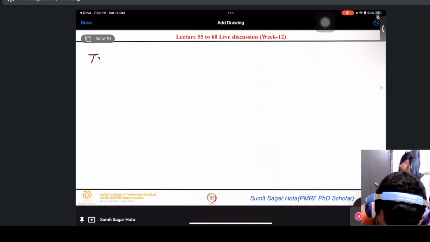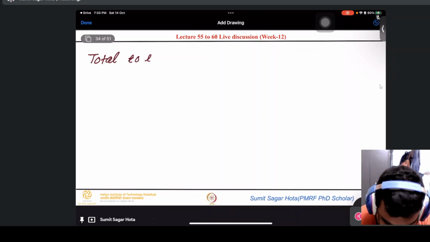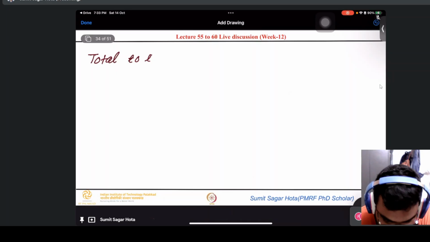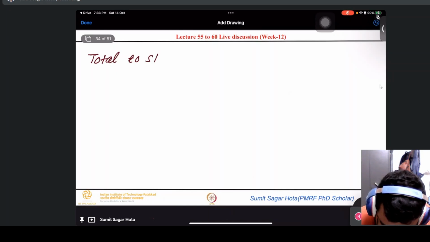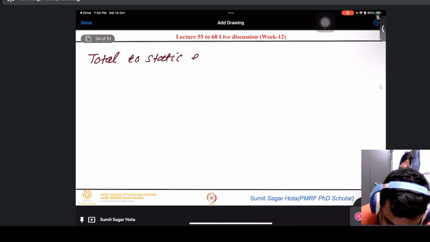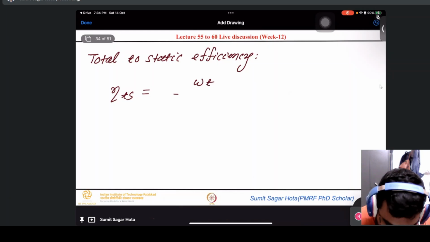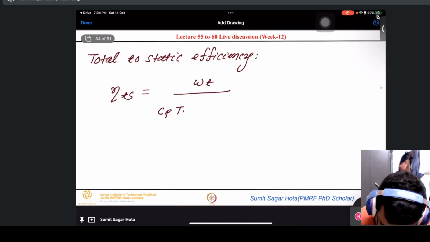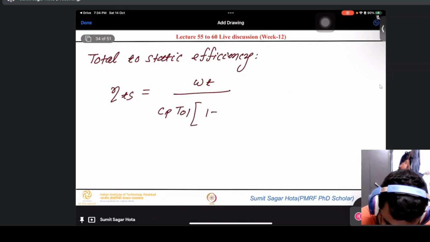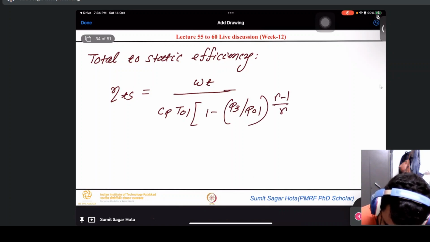So the total to static efficiency: eta_ts = WT divided by Cp T01 into [1 minus (P3 by P01) to the power (gamma minus 1) by gamma].